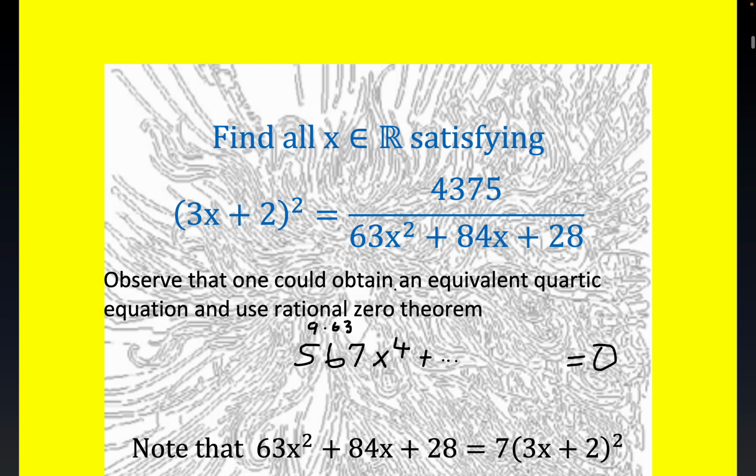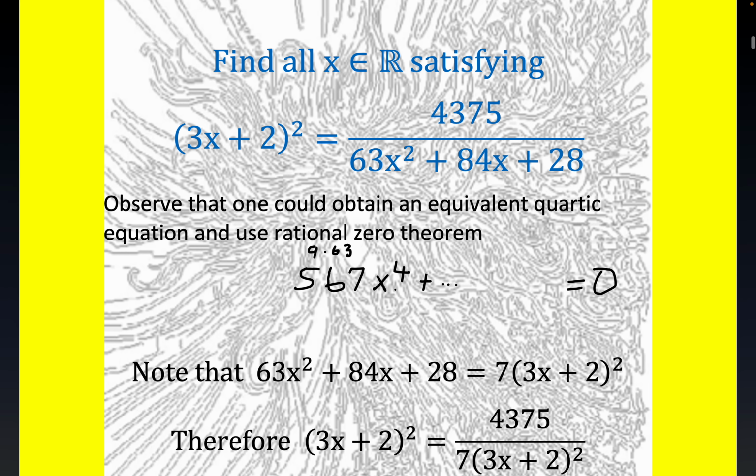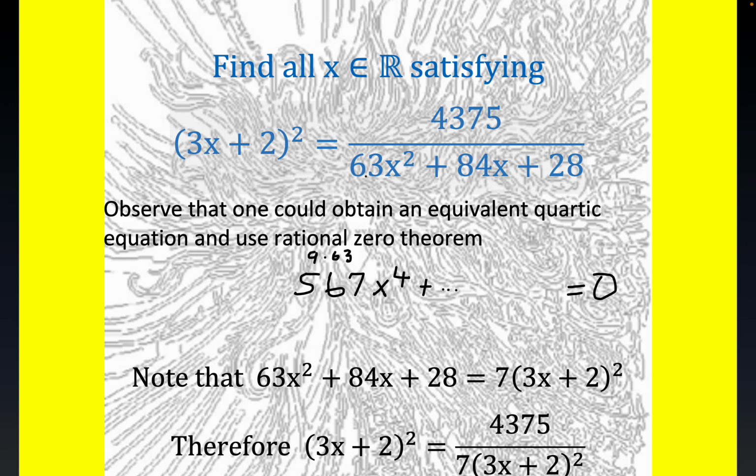Now a better approach is just to observe that the denominator right here is actually a multiple of the left-hand side. When you note that 3x plus 2 quantity squared, I'll write that down, by the binomial expansion result that we're all familiar with, 3x plus 2 quantity squared is equal to 9x squared plus 12x plus 4.